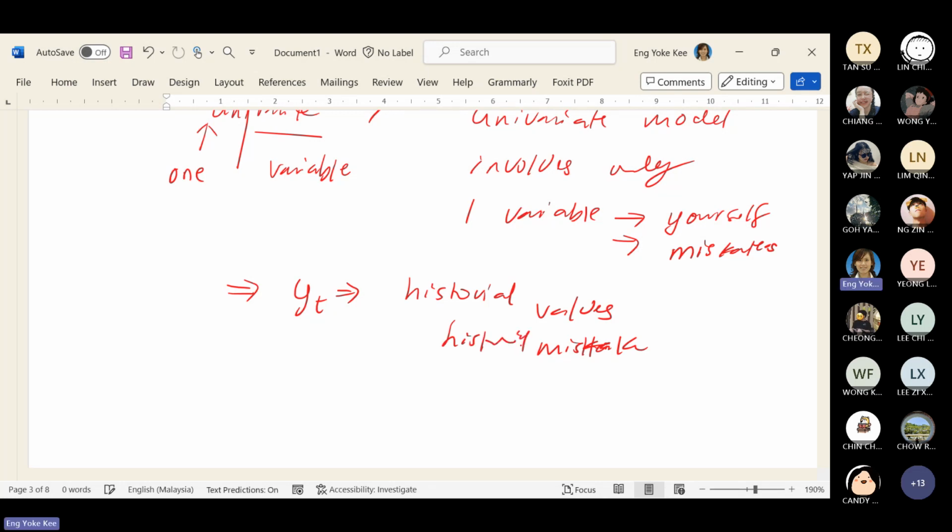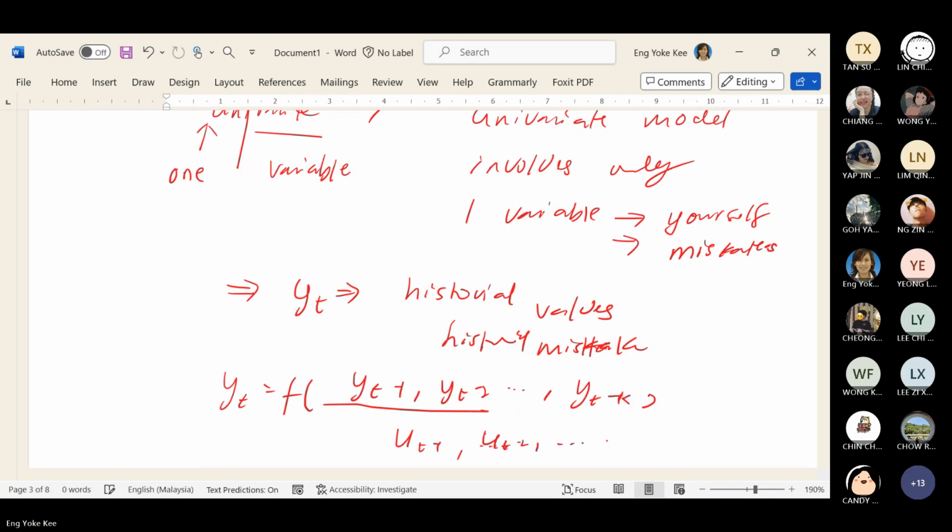So this is what we call a univariate model, where your y depends on what? Your past historical value lah, as well as your mistake. Mistake is things that you don't know. So residual lag 1 until residual lag q, for example.